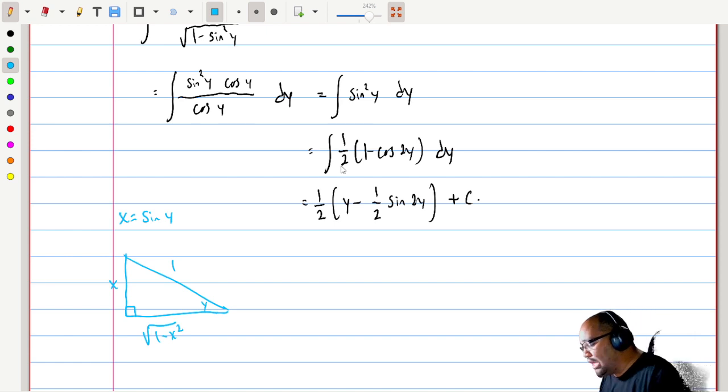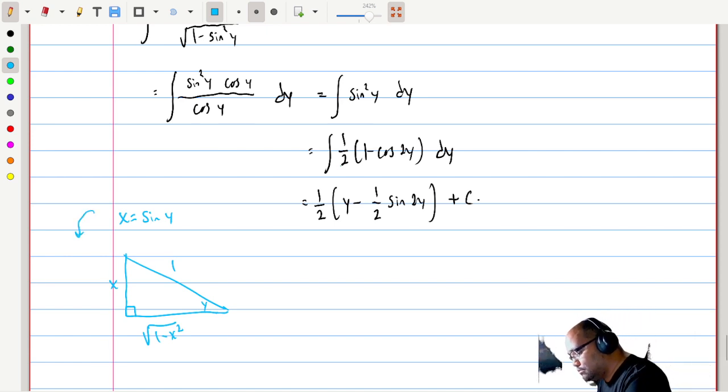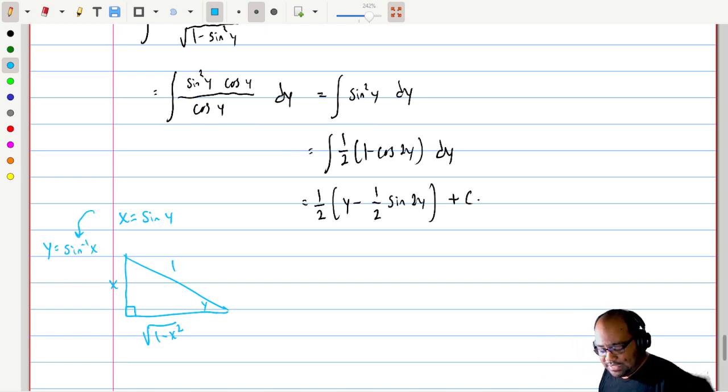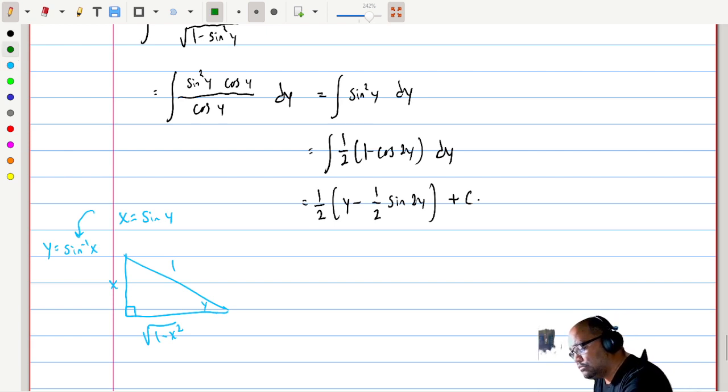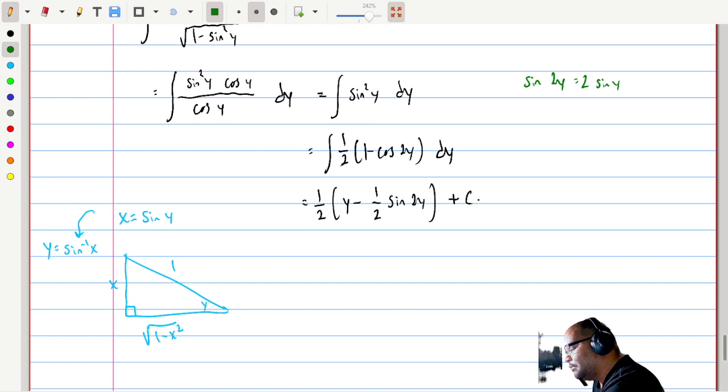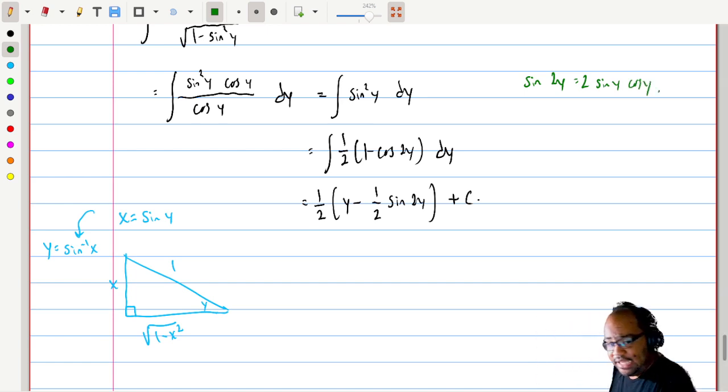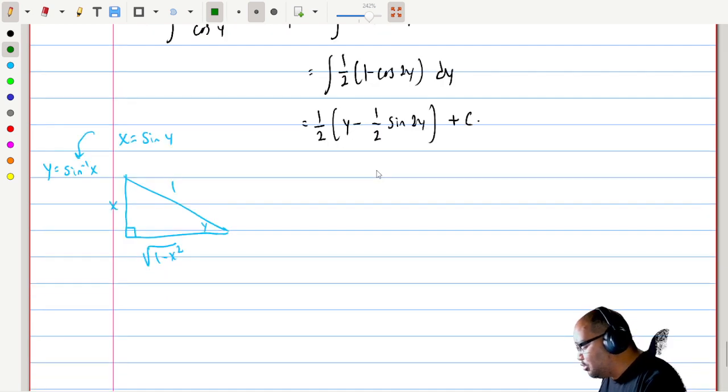Okay, so y is just arc sine x by using inverses. And then sine of 2y, I have to use the double angle formula here for the sine. So sine of 2y is equal to 2 sine y times cosine y. And I can see here, cosine y, cosine is adjacent over hypotenuse.